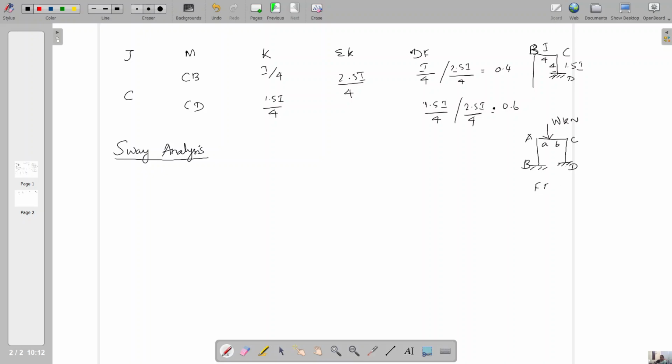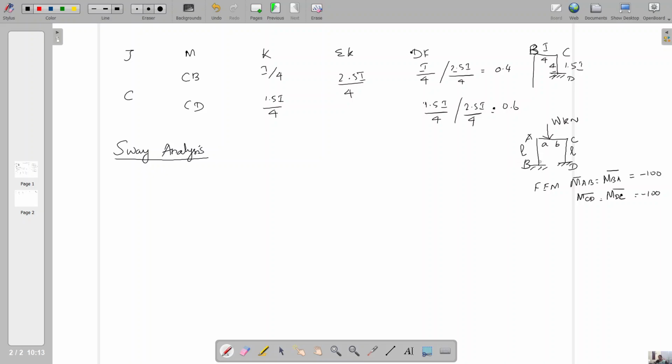And we are going to include fixed end moment for M̄AB and M̄BA, M̄CD, and M̄DC. So we can assume minus 100 arbitrarily for all the values because of the equal height.